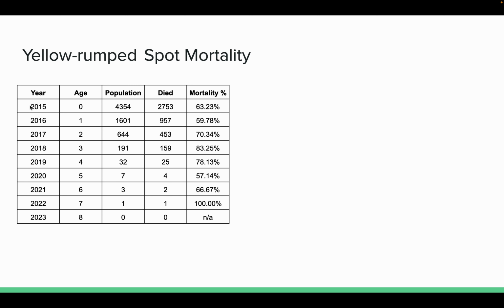So we're still starting in the 2015 cohort, and we're tracking this subset of the population through time until there's none left. So we're starting with 4,354, but you can also see that quite a large number of these are actually dying in the first year since they were born. More than half of them do not even survive to 1 year of age.